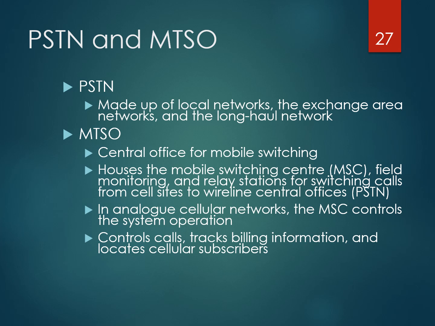PSTN is made up of local networks, the exchange area network and the long haul network. And the MTSO, the central office for mobile switching, houses the mobile switching center, field monitoring and relay stations for switching calls from cell sites or the wireline central office. In the analog cellular network, the MSC controls the system operation and the calls, tracks billing information, and locates cellular subscribers.